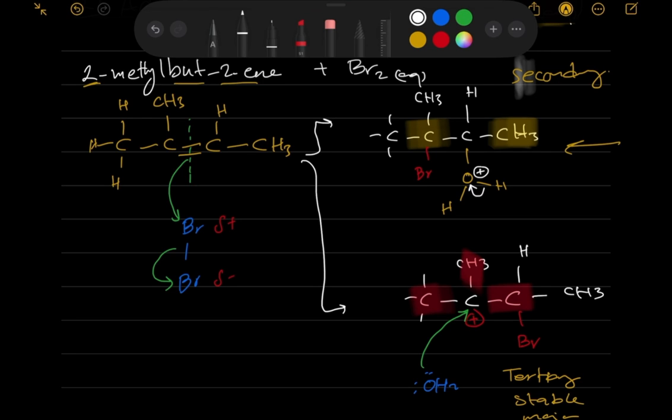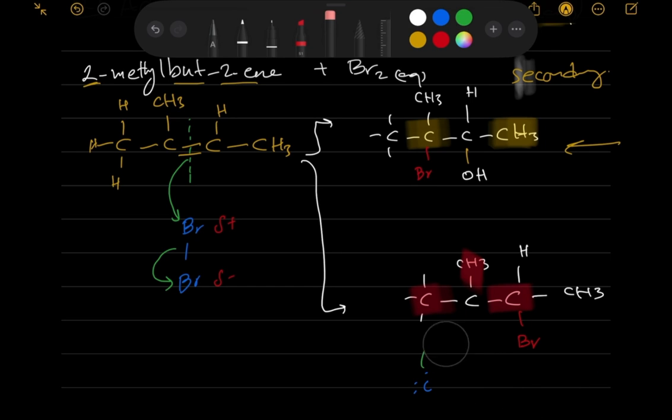So the electrons will go to the oxygen, and you will end up with a hydroxyl group like this in here. And the same story is repeated for this compound. This compound will be bonded to an OH group. So we have two compounds. One of the groups is a bromine atom, one of the groups is OH. And the same thing here, OH and bromine.